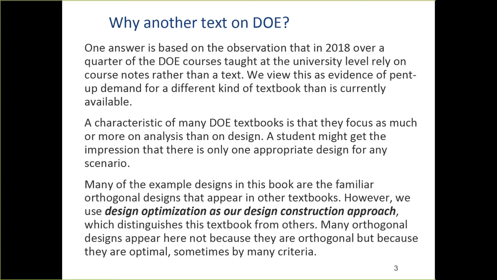Many times you will find a standard design here. It may be an orthogonal, fractional, factorial design. But it doesn't appear here because they're orthogonal or because they're a standard design, but they appear because they're optimal according to at least some criteria that we talk about in the book.